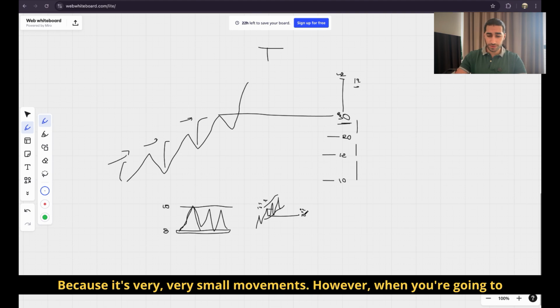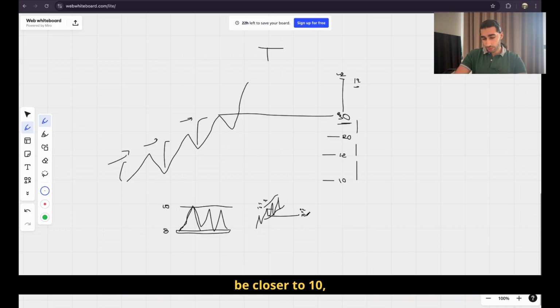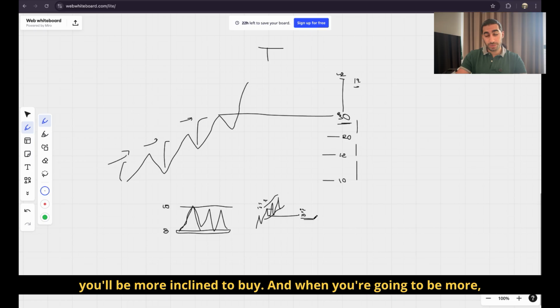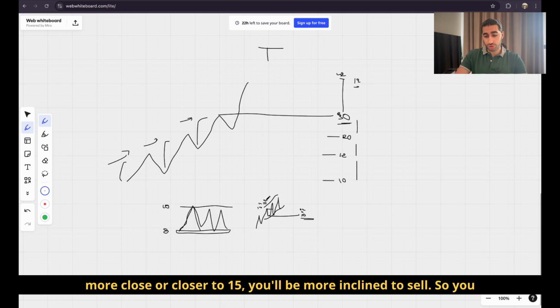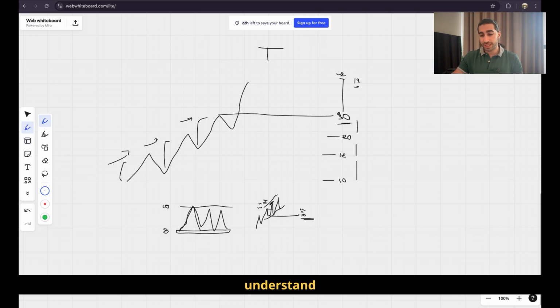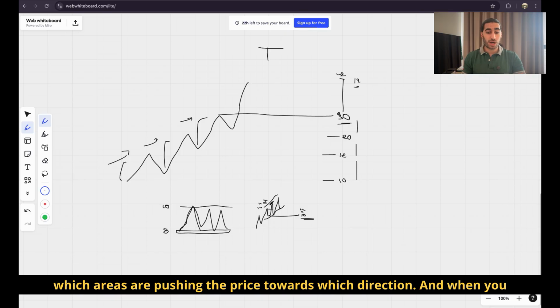Because it's very, very small movements. However, when you're closer to 10, you'll be more inclined to buy. And when you're closer to 15, you'll be more inclined to sell. So you understand which areas are pushing the price towards which direction.